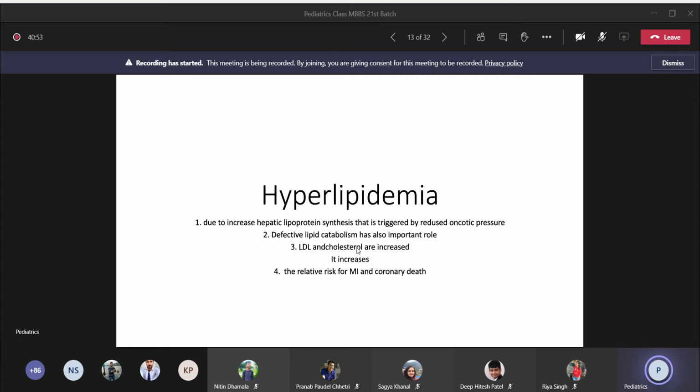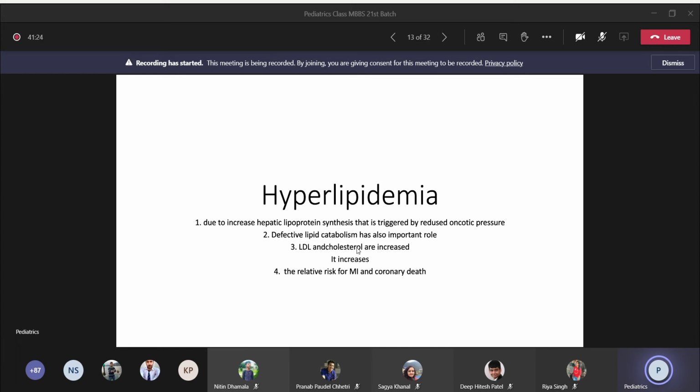Now come to the hyperlipidemia. Why does hyperlipidemia occur? The hyperlipidemia is due to the increased hepatic lipoprotein synthesis that is triggered by the reduced oncotic pressure. The second one is decreased lipid catabolism. The third one is low density lipoprotein.